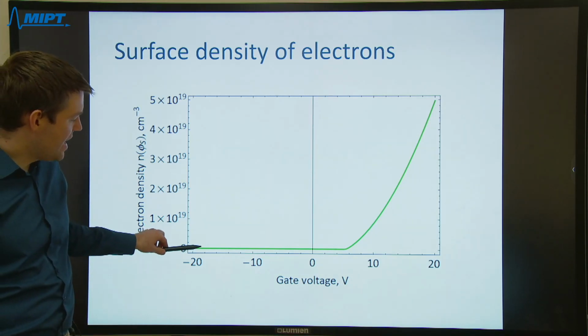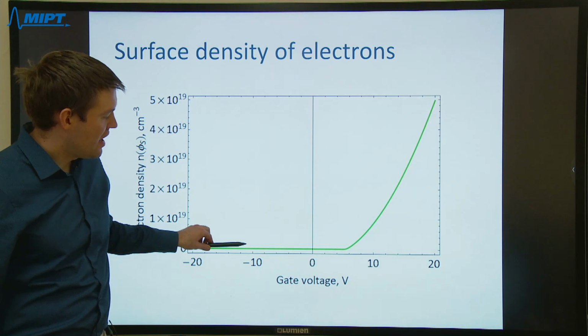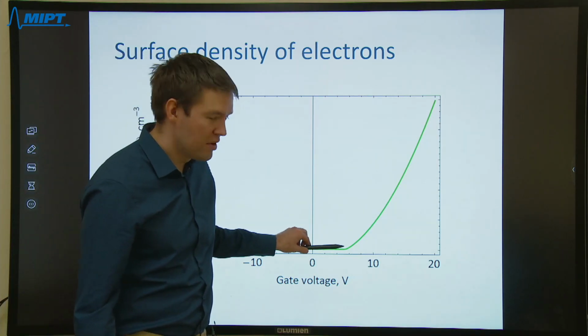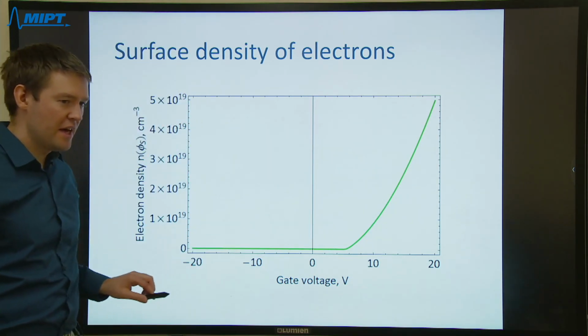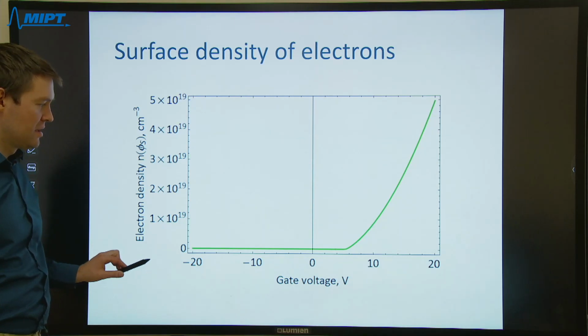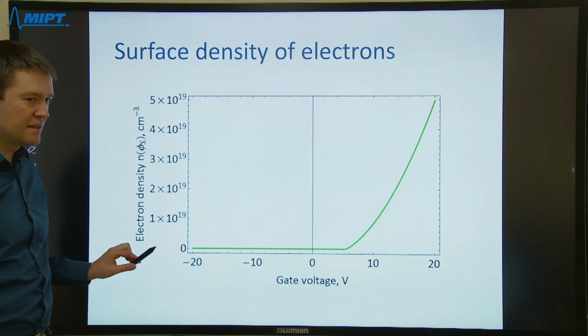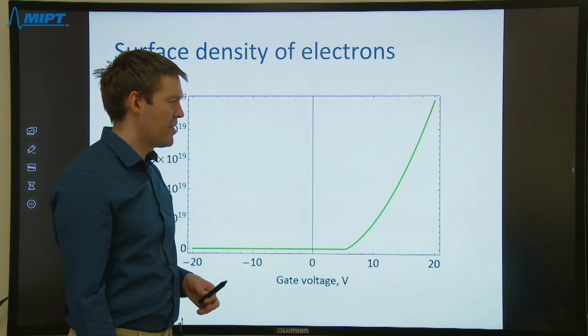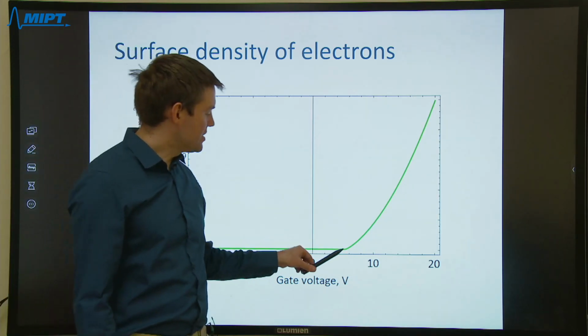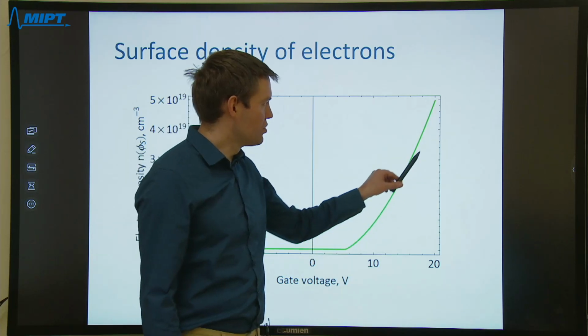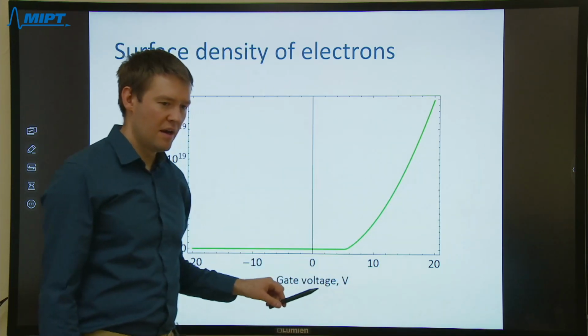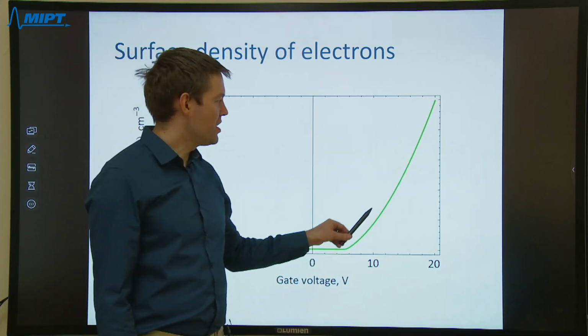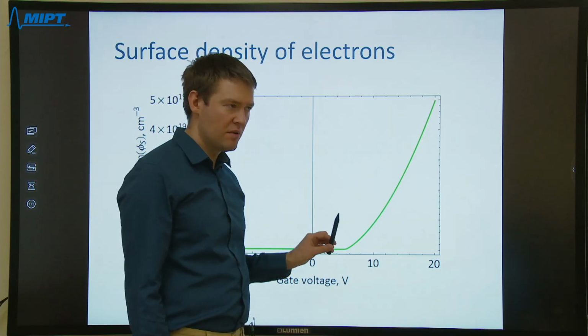When we apply negative voltages and when we apply small positive voltages, then it is very small. It is actually exponentially small, which will become clear from the other plot. And then, at some point, it goes rapidly up. This rise is, again, almost linear, with some minor exceptions.